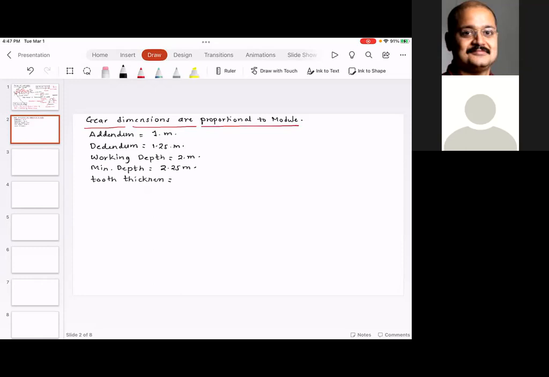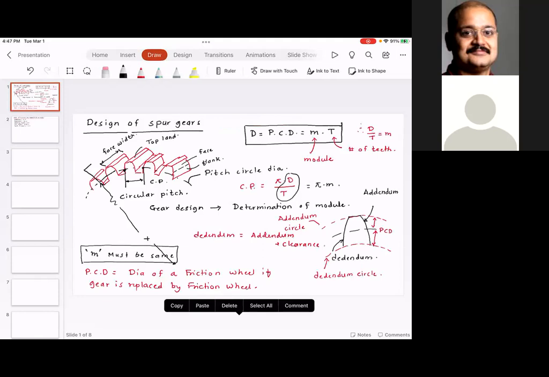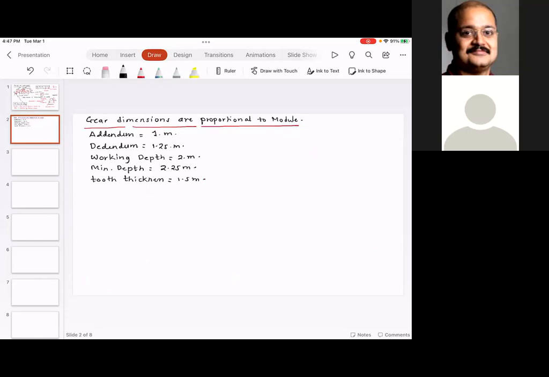Tooth thickness is equal to 1.5 times module. I did not show you tooth thickness. This is tooth thickness. Clearance is equal to 0.25 times module, and the fillet radius.